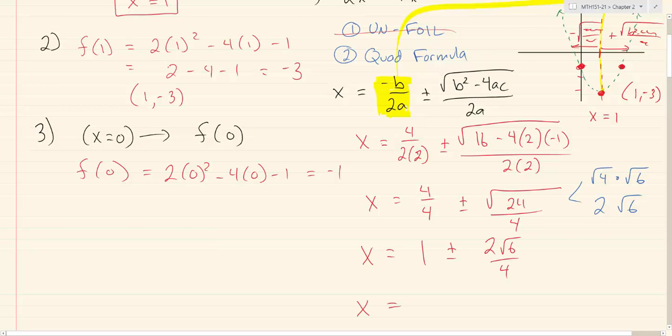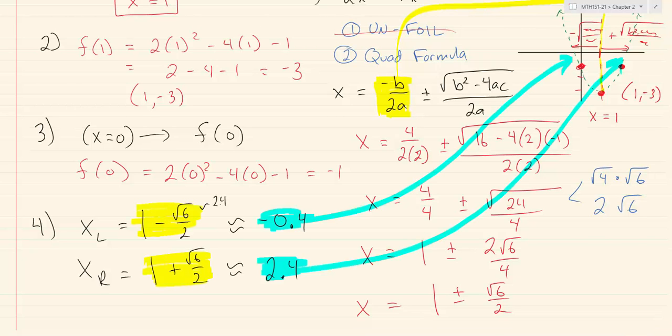And our final answer is going to be 1 plus or minus root 6 over 2. And if we wanted to estimate this, maybe we'll put a number 4 over here, we would say that your x-intercepts, the left-hand x-intercept, is going to be 1 minus root 6 over 2. And the right-hand x-intercept will be 1 plus root 6 over 2.